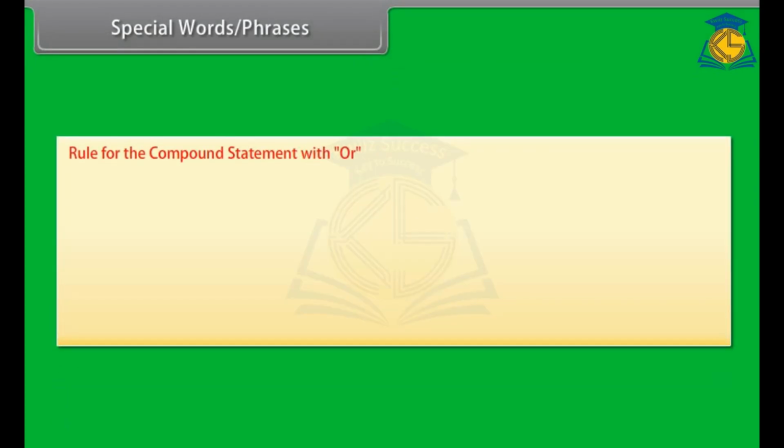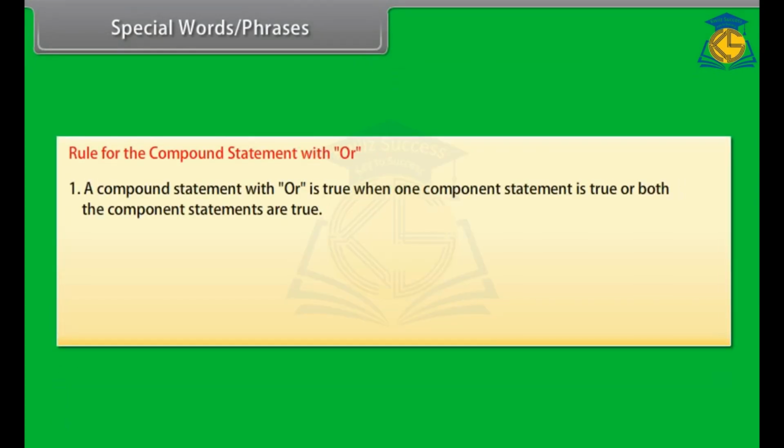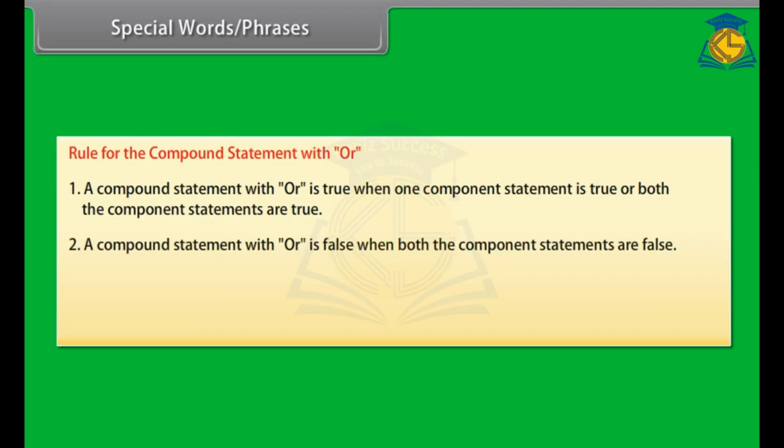Rule for the compound statement with "or". 1. A compound statement with "or" is true when one component statement is true or both the component statements are true. 2. A compound statement with "or" is false when both the component statements are false.